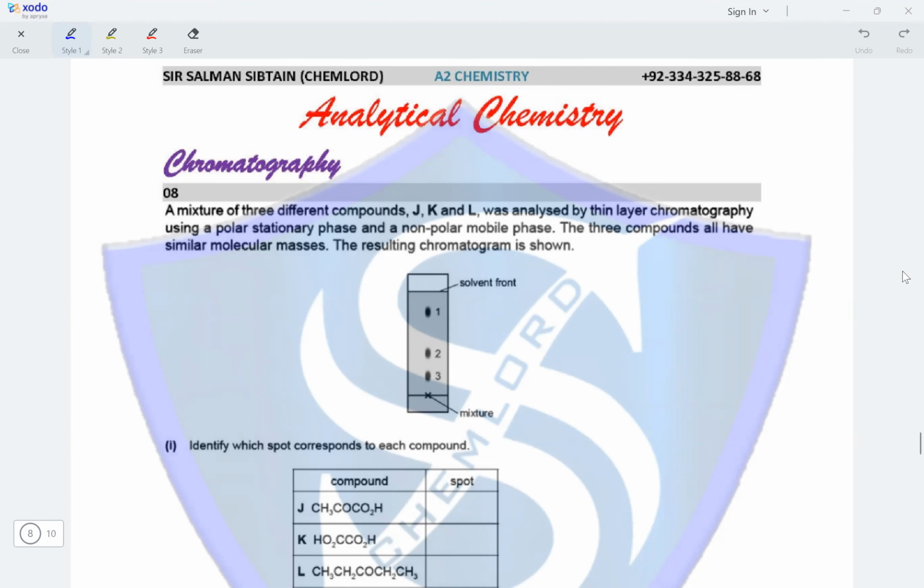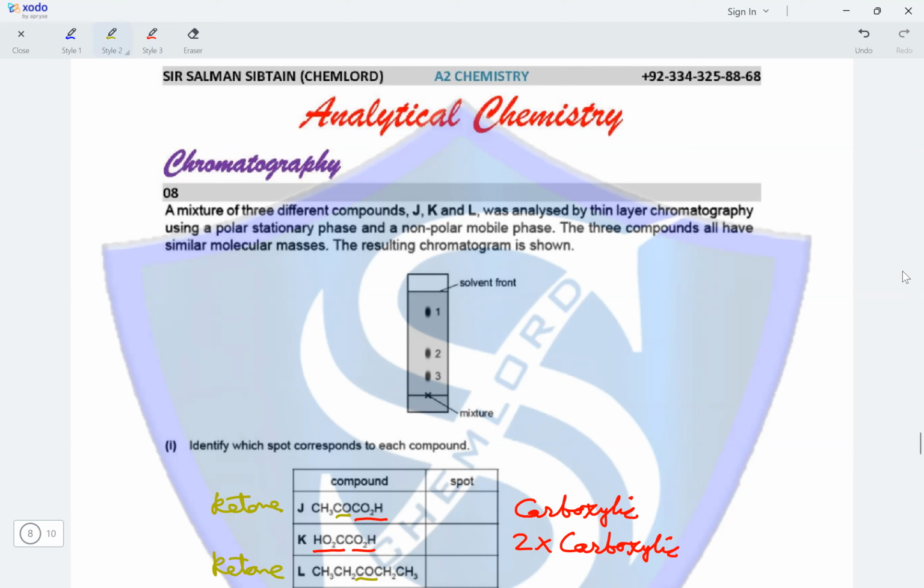So in compound J, we have got a ketone group and we have got a carboxylic group. In compound K, we've got two carboxylic groups. And in compound L, we've got a single ketone group only.